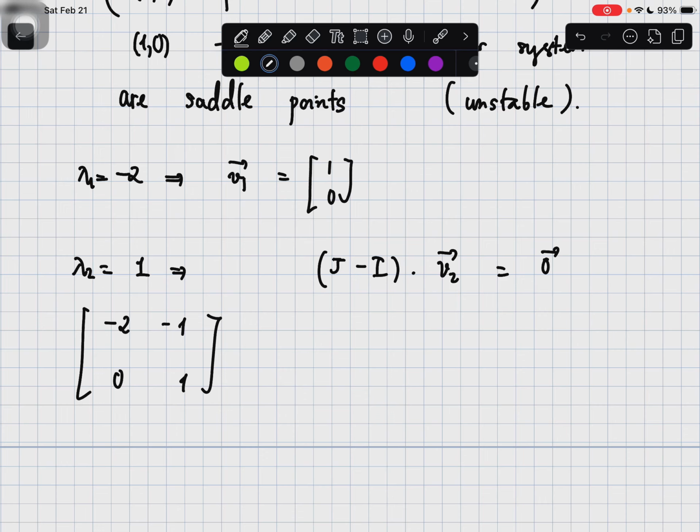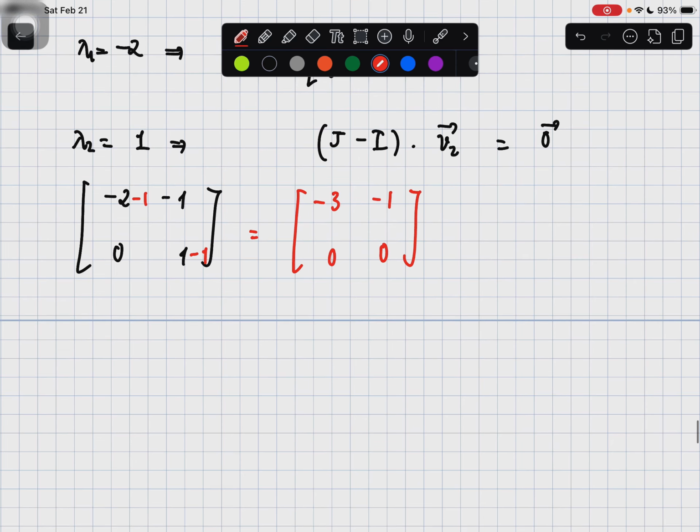So J minus 1 I is minus 3, minus 1, 0, 0. As soon as we multiply (a, b) for v2, you have minus 3a minus b equals 0, so b equals minus 3a.